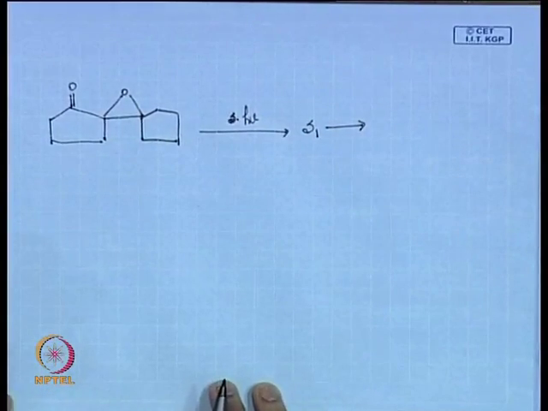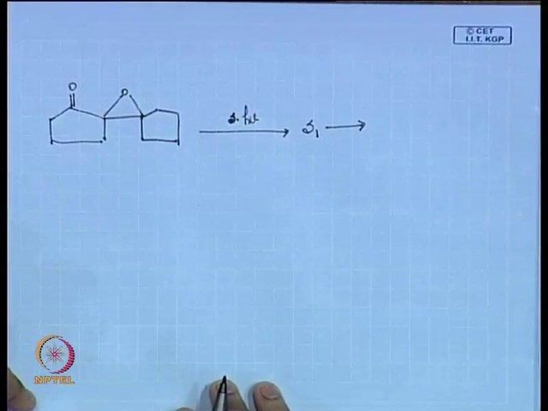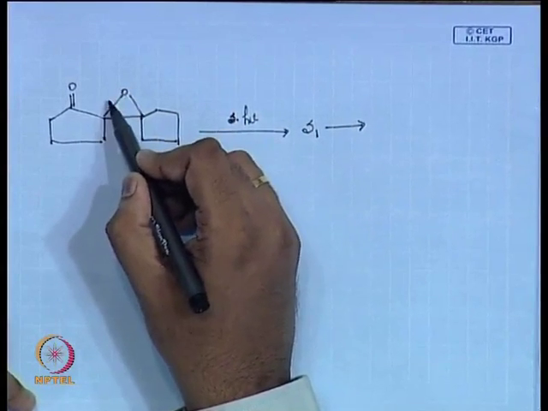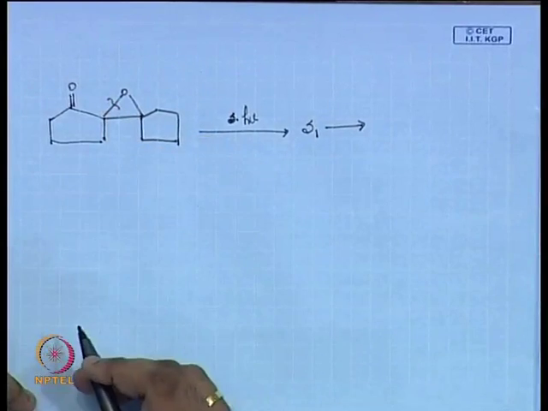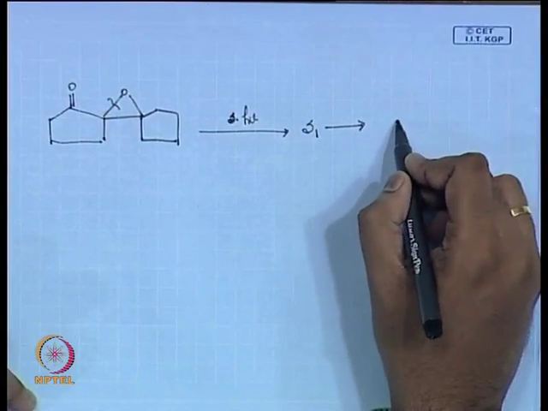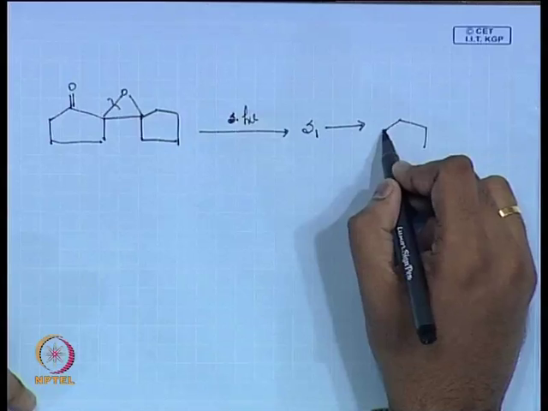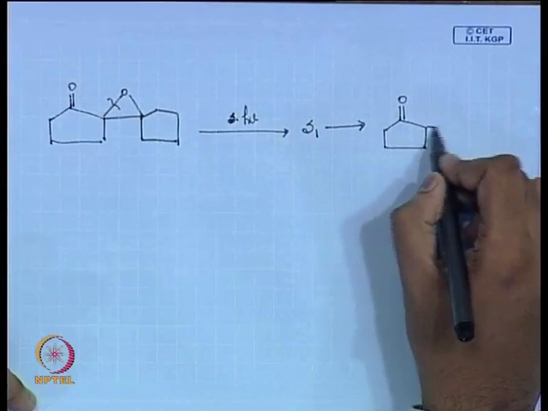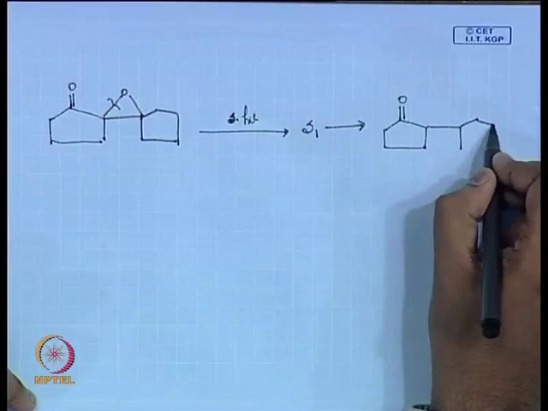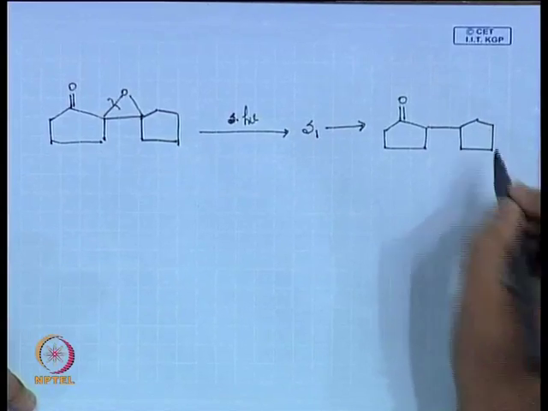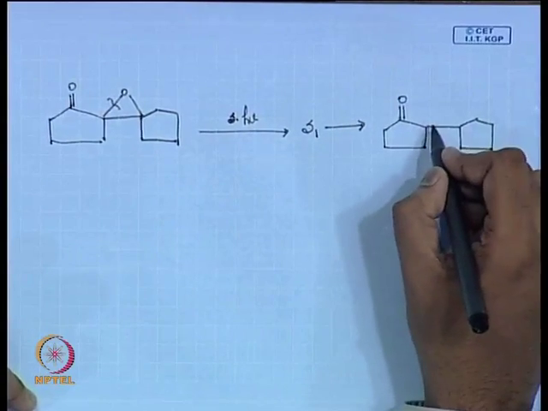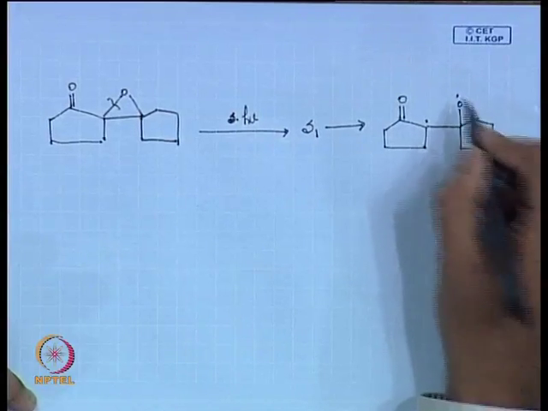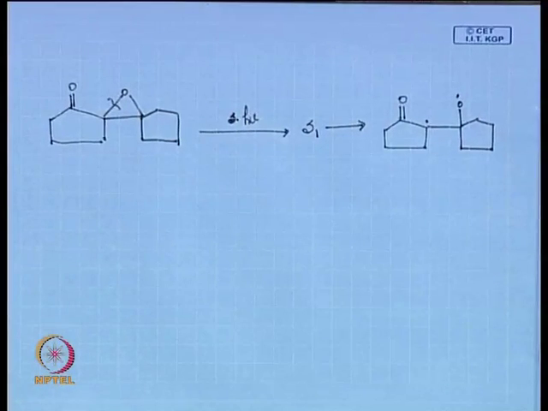Then you have a chance of breaking your bond, right. What is your alpha? Have an alpha beta, right. So, you can break this bond, fine. So, you get a system K2. You get like this.